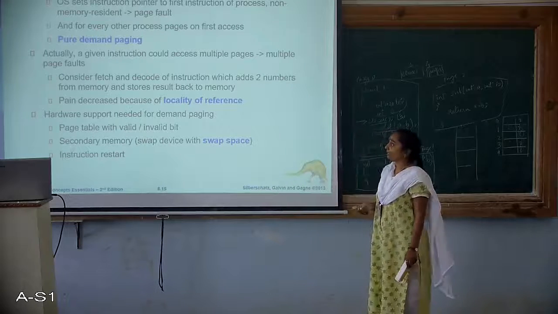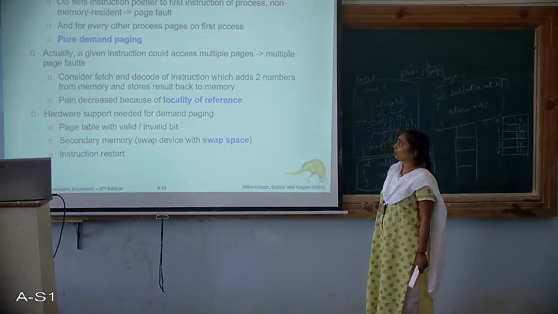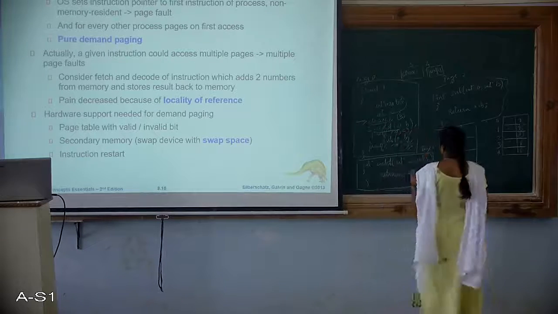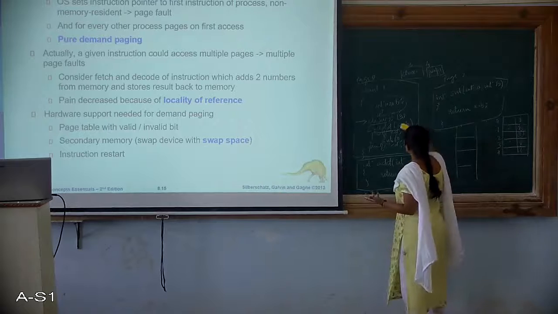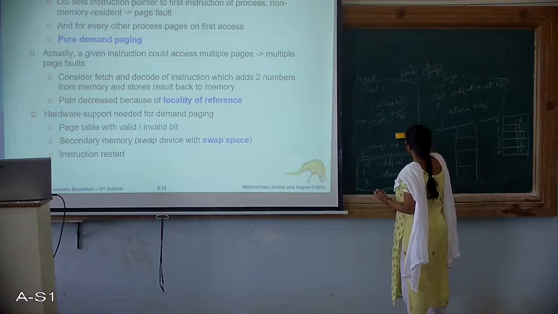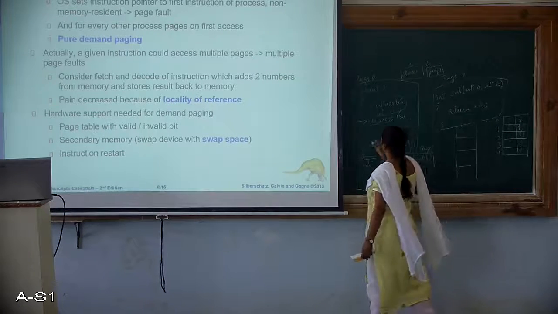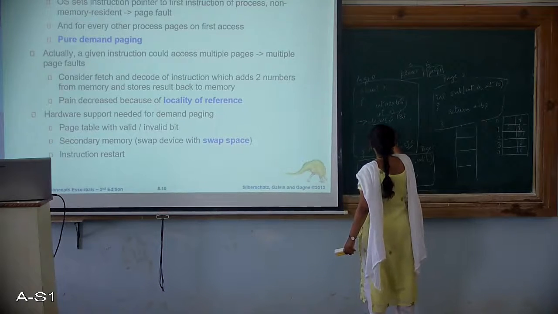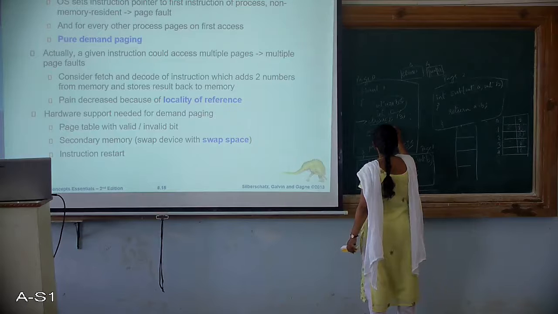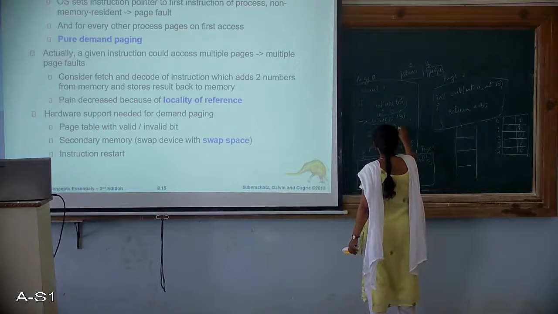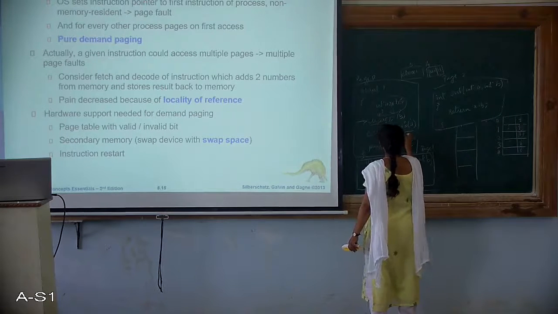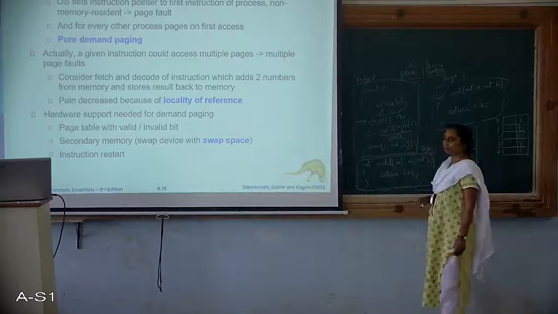That is one case. Another case is that a given instruction could access multiple pages. Supposing you have another program where you are saying P is equal to Fibonacci of 3 into Fibonacci of 4 divided by Fibonacci of 2.